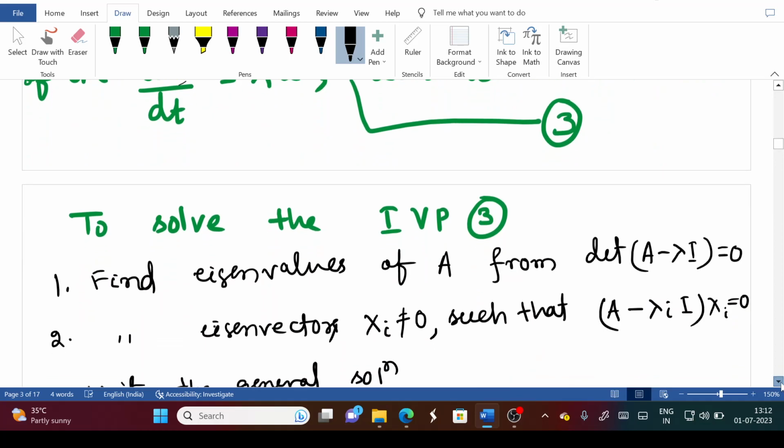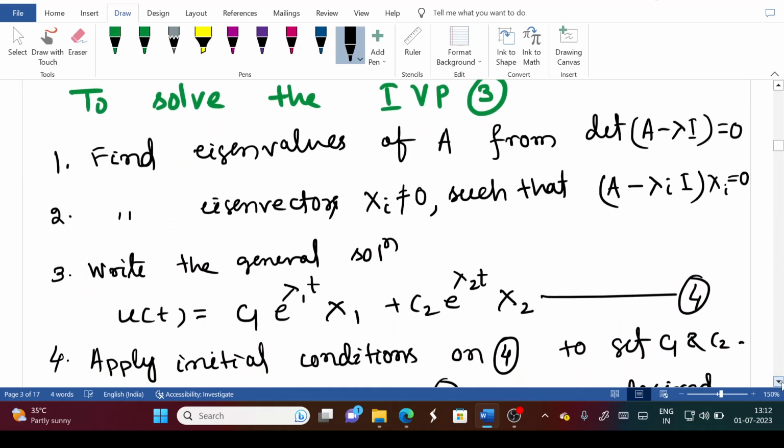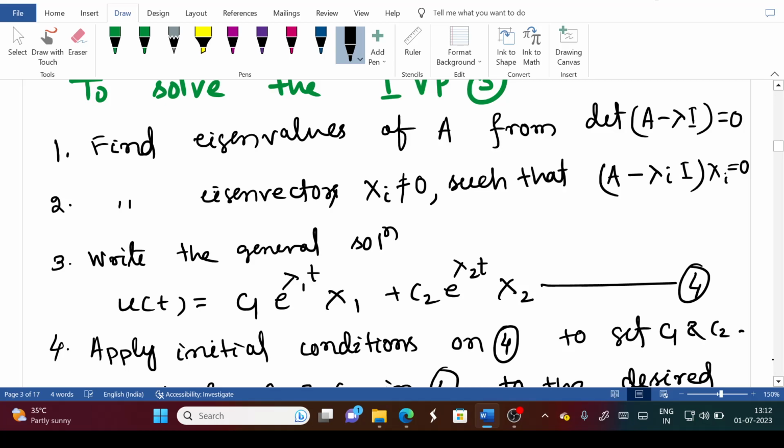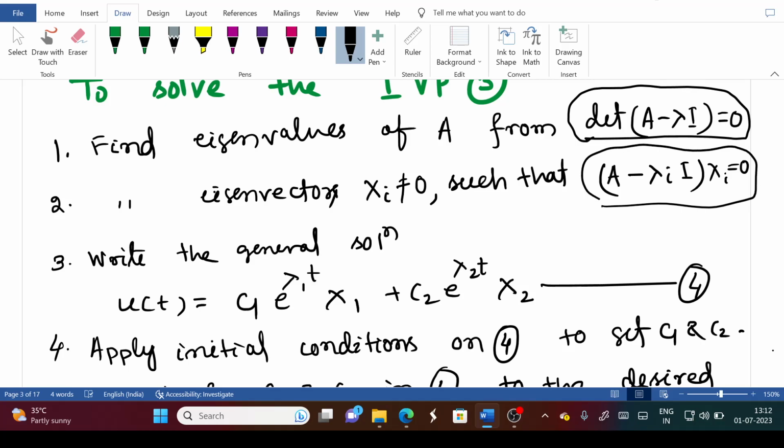To solve such an initial value problem, we take the following steps. Step 1, find the eigenvalues of A from the equation determinant of A minus lambda I is equal to 0, and from this equation find the corresponding eigenvectors of A. Then the general solution of the given system is u of t equal to c1 e to the power lambda 1 t x1 plus c2 e to the power lambda 2 t x2.